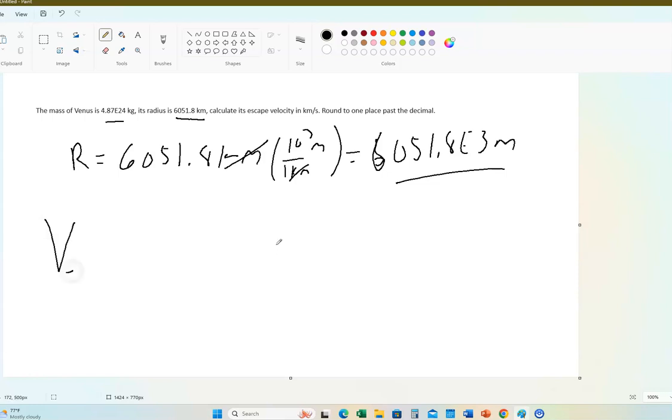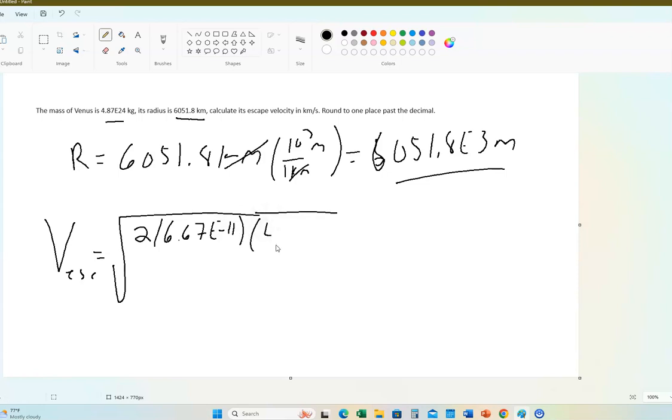Here's the escape velocity equation: the square root of 2GM over r. So it's going to be the square root of, exactly like the last one, 2 times 6.67 times 10 to the minus 11th, the universal gravitational constant, times the mass, which is 4.87 times 10 to the 24th. Remember, it's almost the twin of Earth, at least in mass and size.